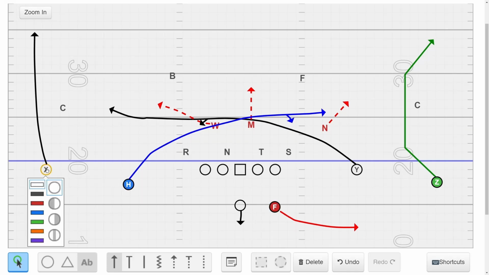Backside, we basically have escape routes, or if we get man coverage, and we identify man by alignment. So if this nickel is right here, we have a better understanding that it's man. If we like the matchup, we'll peek here and then we'll read mesh to fade on the backside if we like individual matchups on the backside.